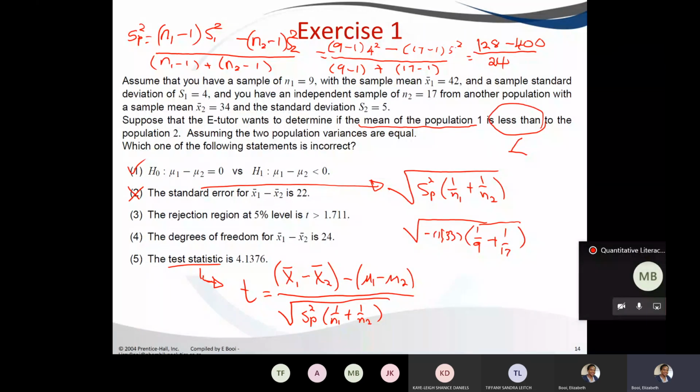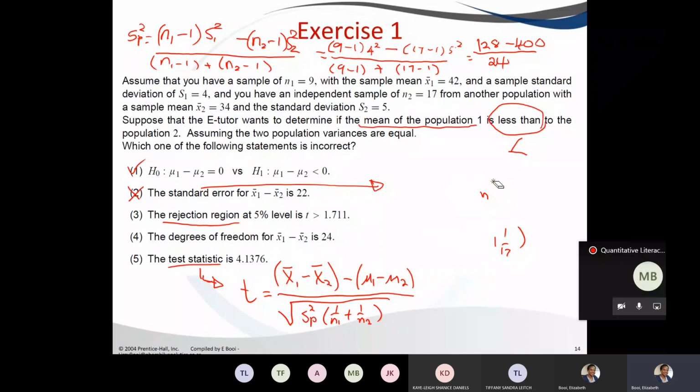But if we had to go through the whole statement, we go find the region of rejection. So remember, the region of rejection is your critical value. So let me remove all this and go find the region of rejection by using the degrees of freedom. So remember, T alpha, we only have a one-tailed test. So we're only going to use alpha and the degrees of freedom. And we know our degrees of freedom is n1 plus n2 minus 2.